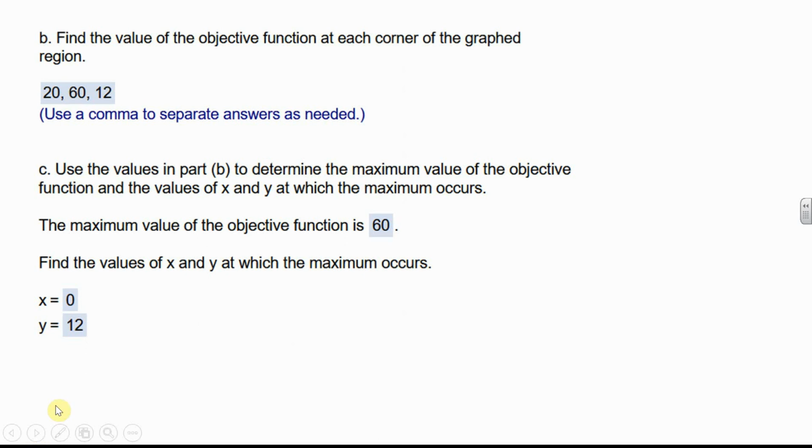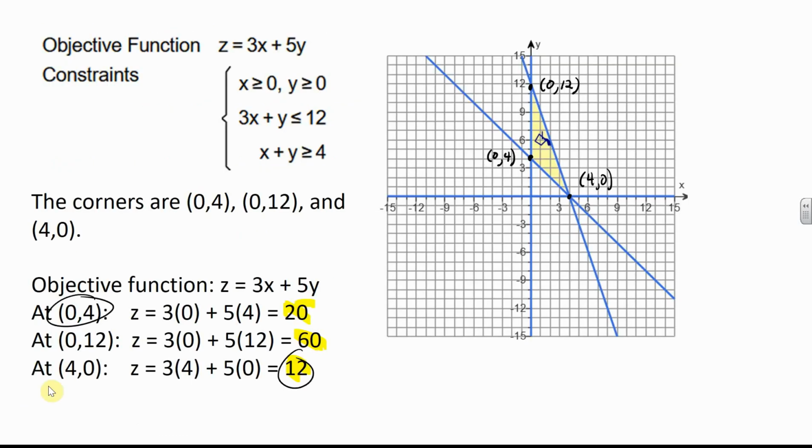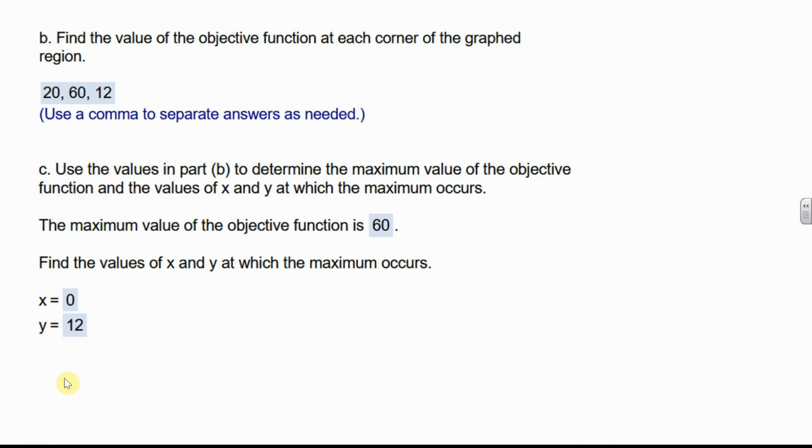And then part C, it says use the values in part B to determine the maximum. So you're going to go back over to, when you do your chart over here, which one gave you the max. Well, the max was at 60 from values x is 0 and y is 12. Just plug that information in there, and that's the problem.